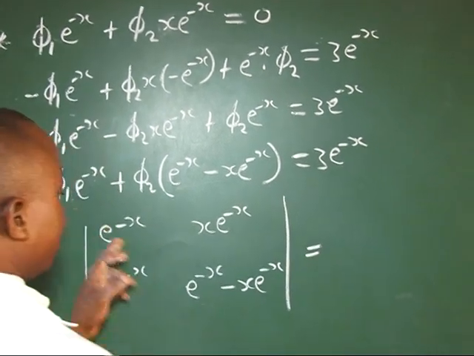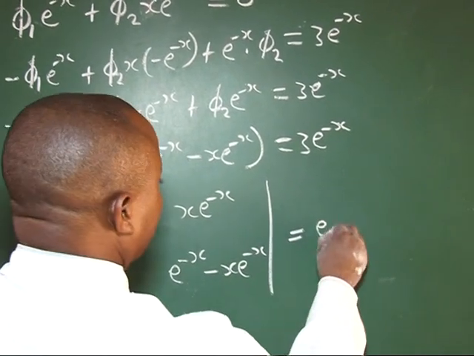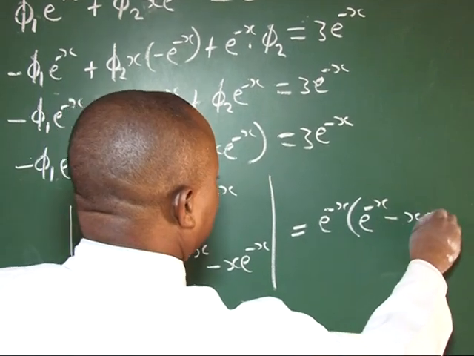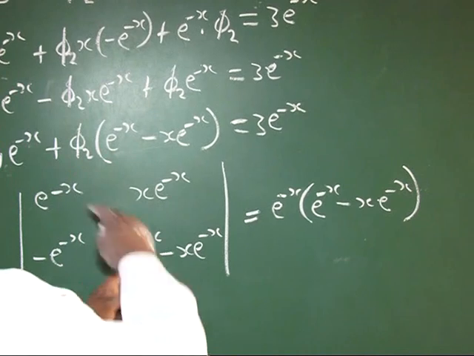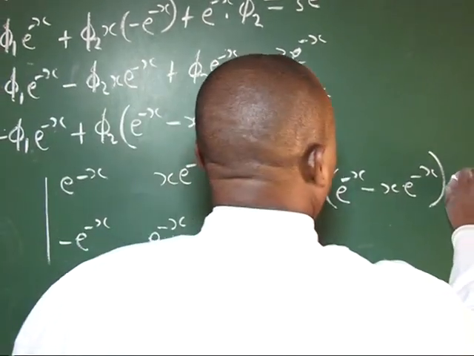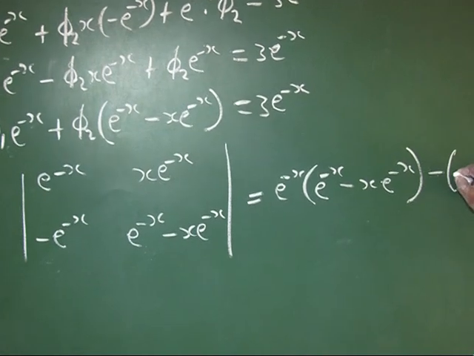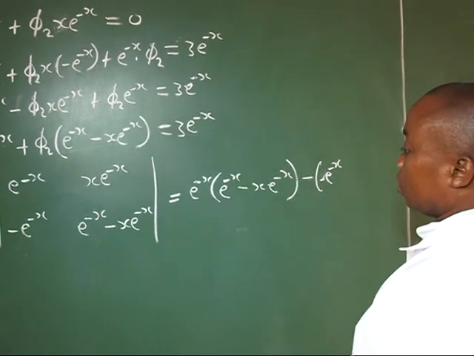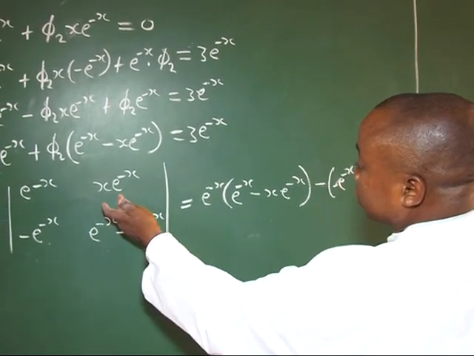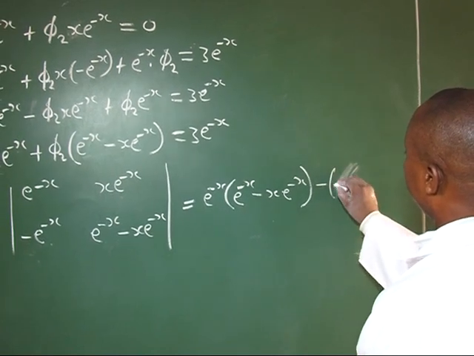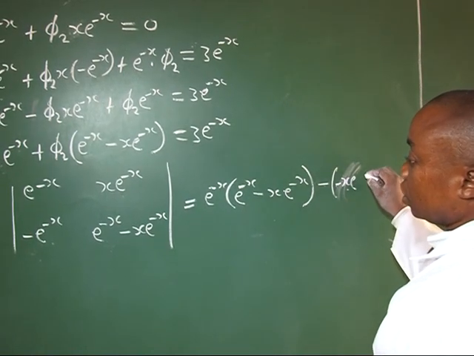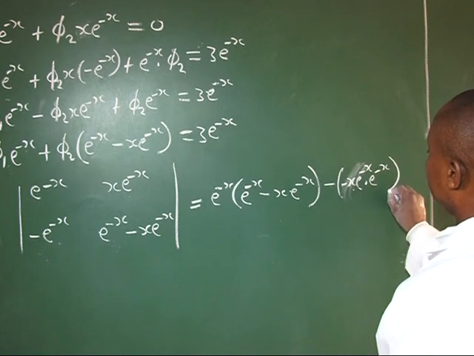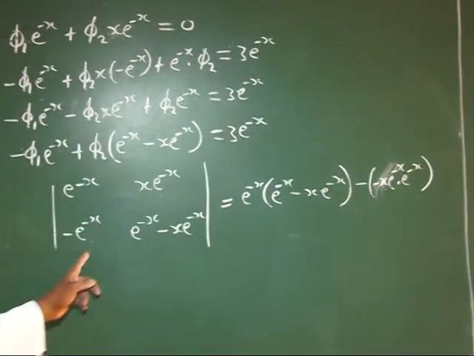Now determinants, we know that this times this will give us e^(-x) times e^(-x) minus x e^(-x). We are multiplying it like this. Minus, look at, minus e^(-x), because this is multiplied in this, so we have x minus x e^(-x) times minus x. This is what we are multiplying, these two.